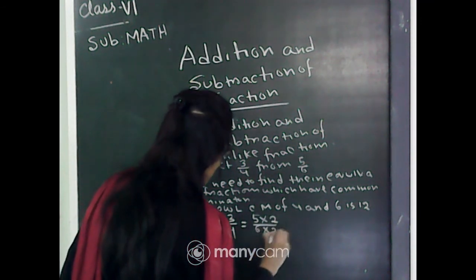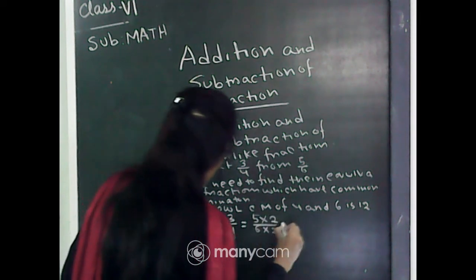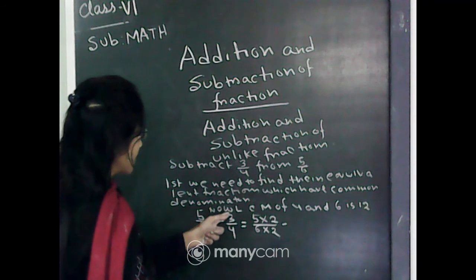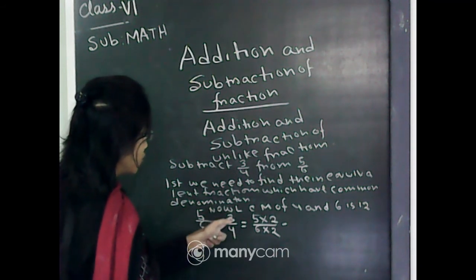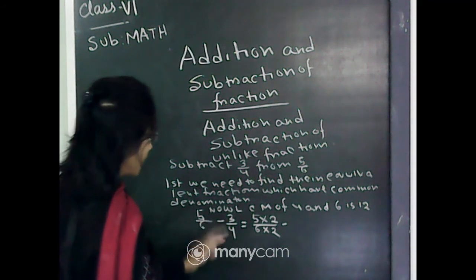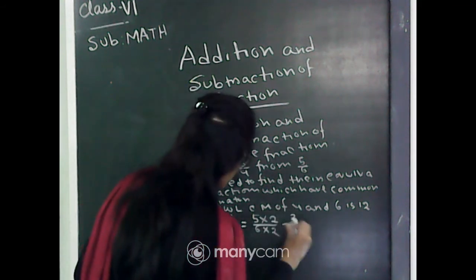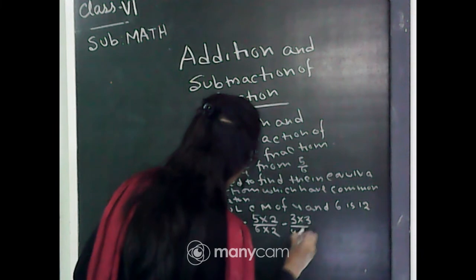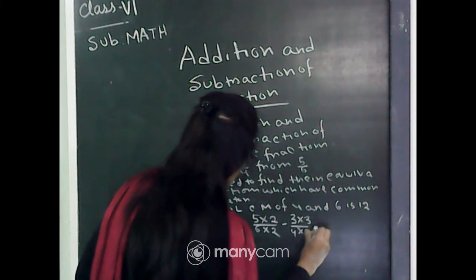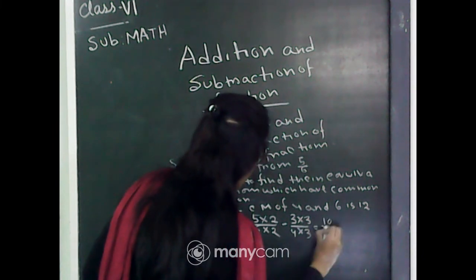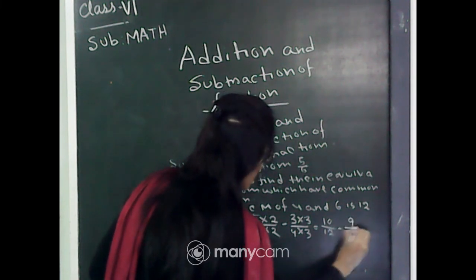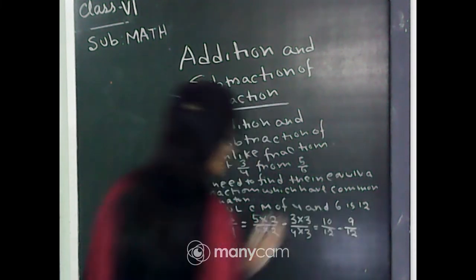And to make the denominator 12, we multiply both the numerator and the denominator by 3. Therefore, this is equal to 3 cross 3 divided by 4 cross 3. This is equal to 10 divided by 12 minus 9 divided by 12, isn't it?